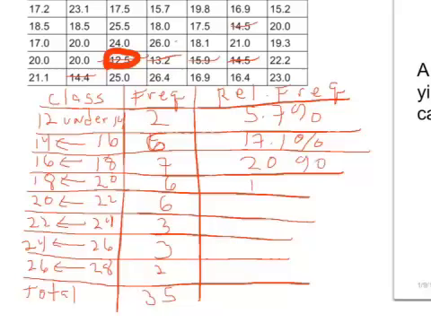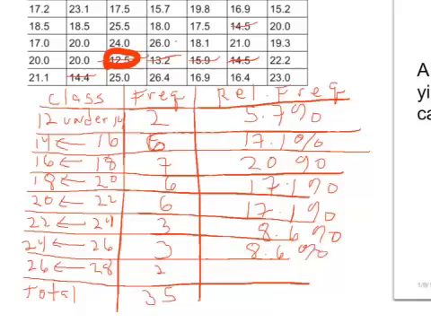The next one we get 17.1%, and again 17.1%. And with the 3 we get 8.6%, again 8.6%. And with the 2 again we get 5.7%. Then add these up, we get about 100%.